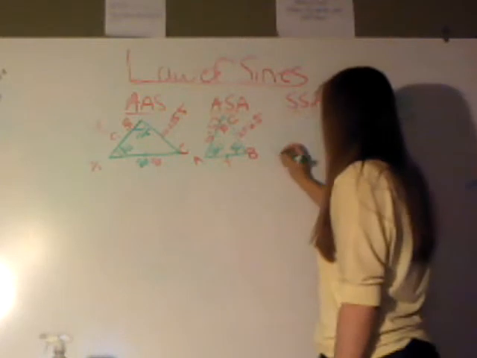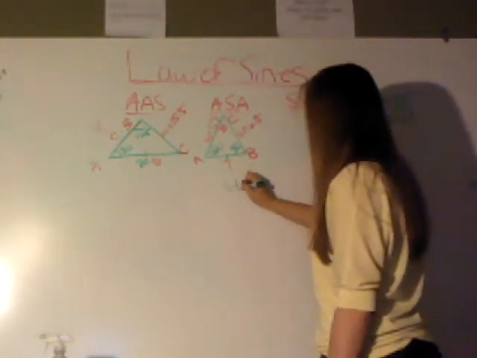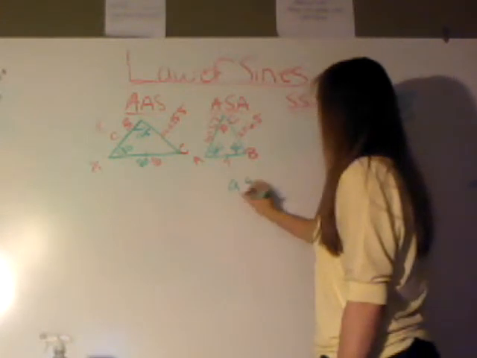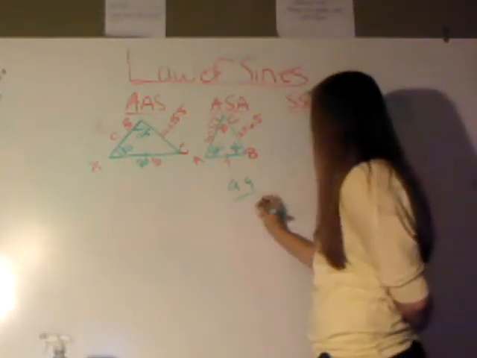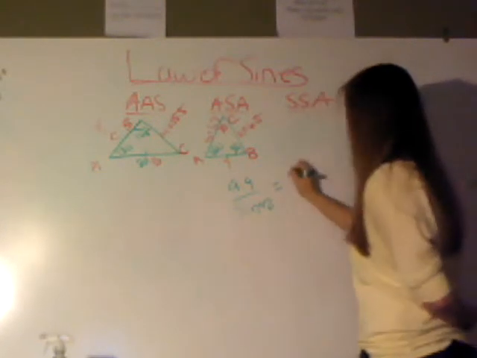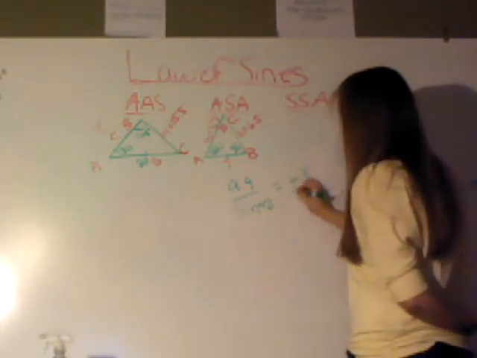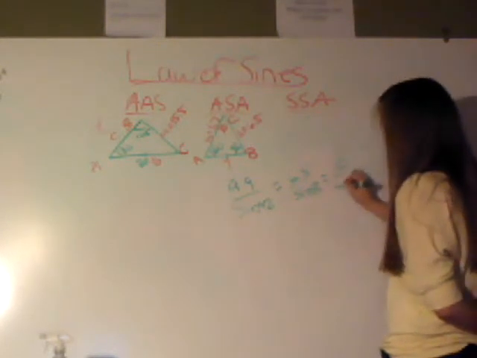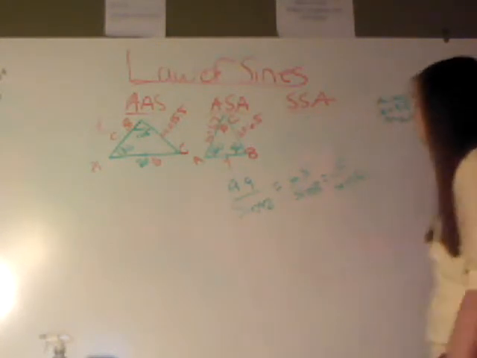So when we're writing, we are going to do 9.9 over sine of 42 is equal to 6.8 over sine of B is equal to C over sine of C.